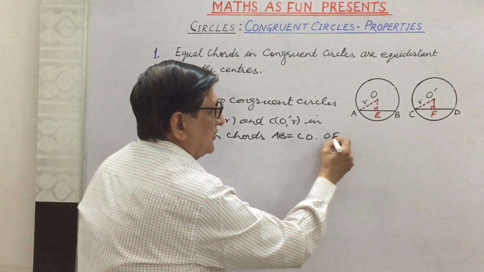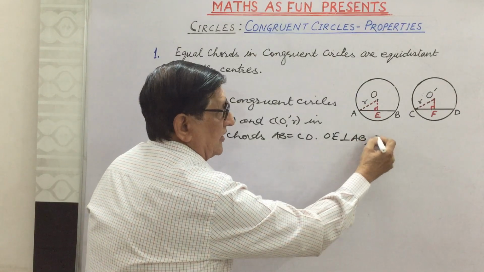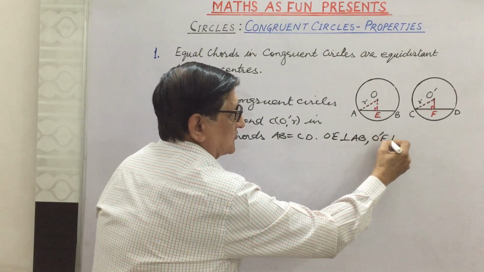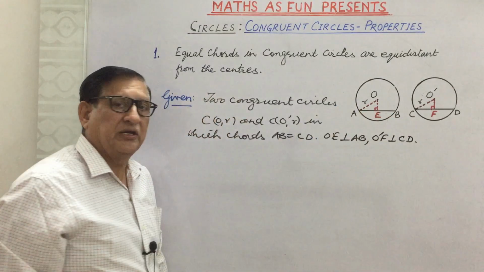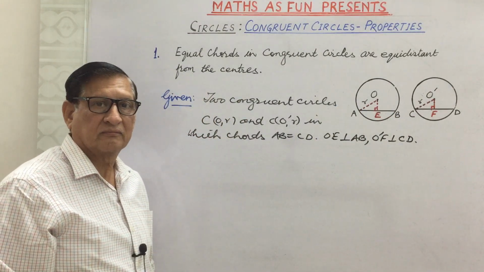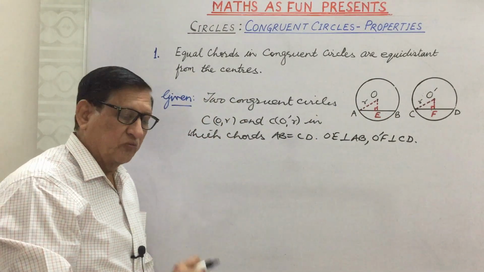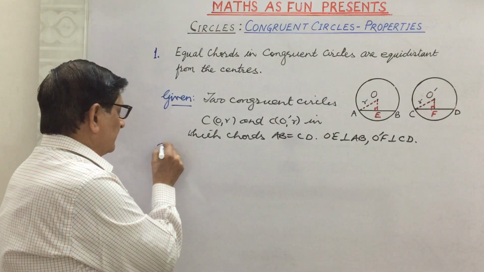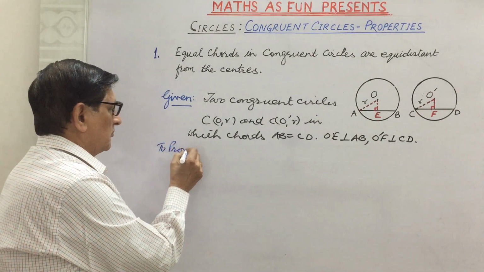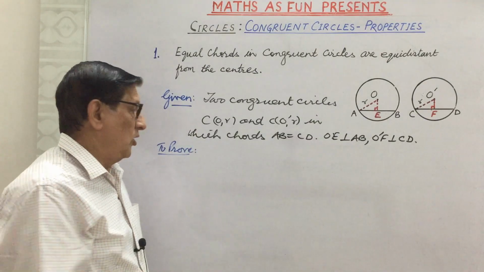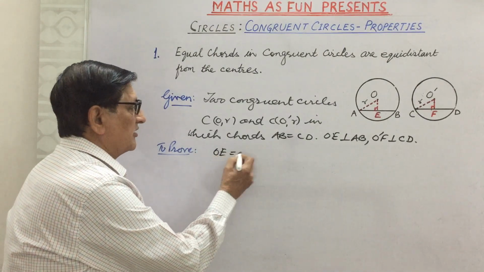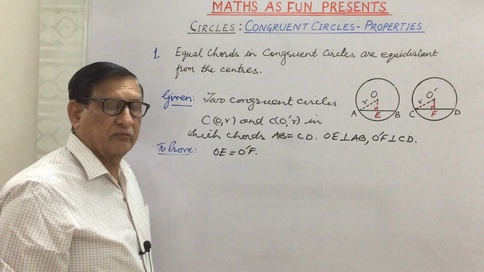OE is perpendicular to AB and O dash F is perpendicular to CD. What is to be proved? To prove: OE is equal to O dash F.